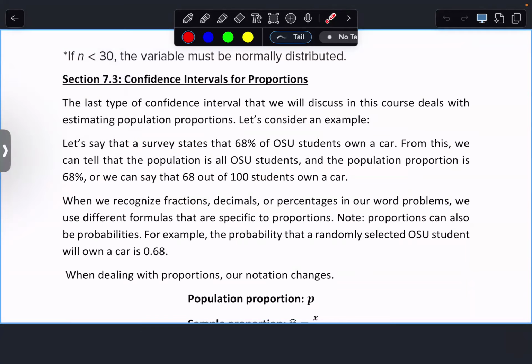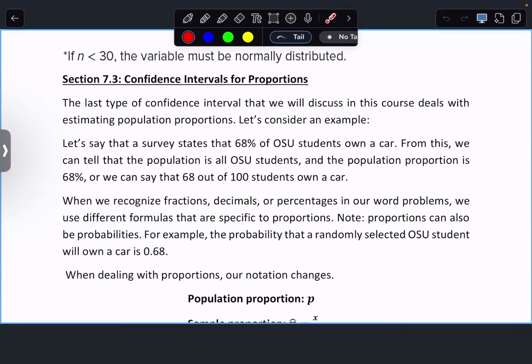What am I interested in? I want to know, out of all the students in this class, what percentage or how many are sophomores? So what do you do? You count how many students you have in the class. If there are 10 students, then you count how many students are sophomores, and you take the number of sophomores divided by the number of students in the class. So that is basically what a proportion is.